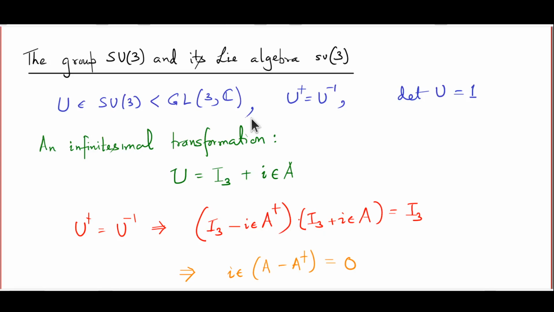So for this SU(3) group, we play exactly the same game as before. And once again, because this is a very, very important group as far as physics is concerned, let us put in the i in the deviation, as all physicists do.